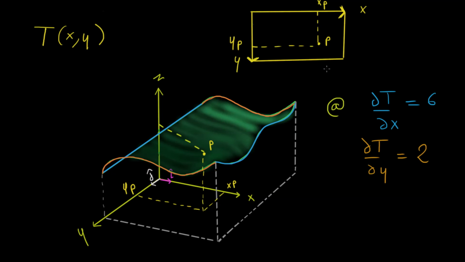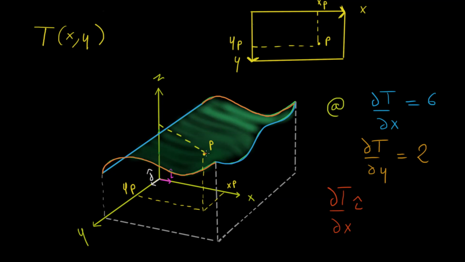Well, to answer this question, we are first going to draw two interesting vectors. Basically, we are going to do exactly as we did previously. We are first going to draw the vector partial of T with respect to x times the i unit vector. This vector will have the same direction as the i unit vector, and it will be 6 units long.